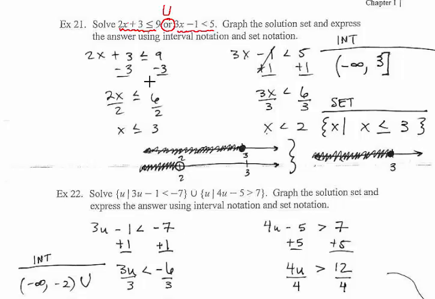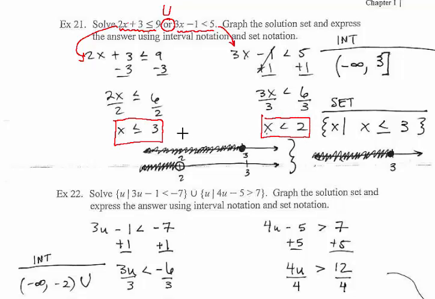So really we just want to take the two and combine them on the same number line. We took the first inequality, 2x plus 3 less than or equal to 9, and we whittled it down to an x less than or equal to 3.